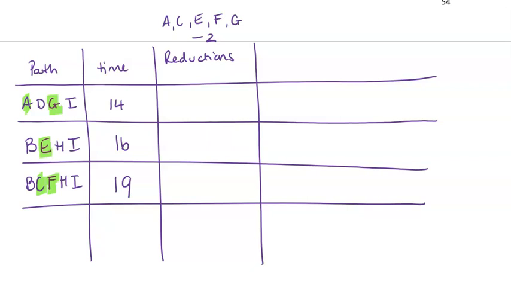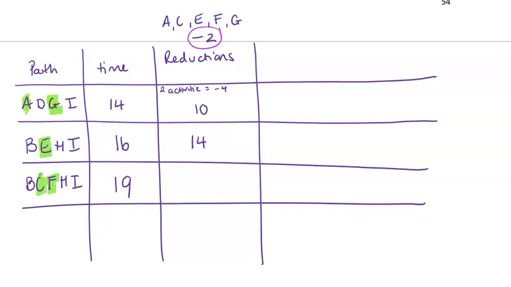So the first pathway, I've got 2 activities that I can reduce, each by 2. Okay, so I'm applying this full reduction. So that means I can take off 4, which means the new time is 10. Second pathway, I've only got 1 activity. I can take off 2. So my new time comes down to 14.